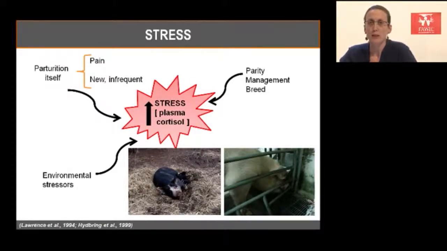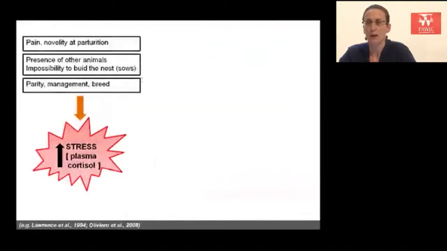So the idea is that we have several factors that can increase stress. And here it is important to remember that stress has an additive component. So the more stressors are present, the more pronounced the mother's stress will be.